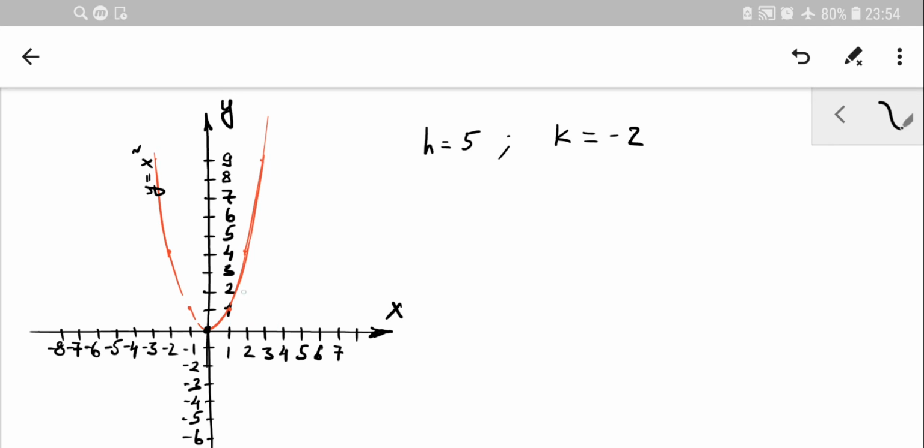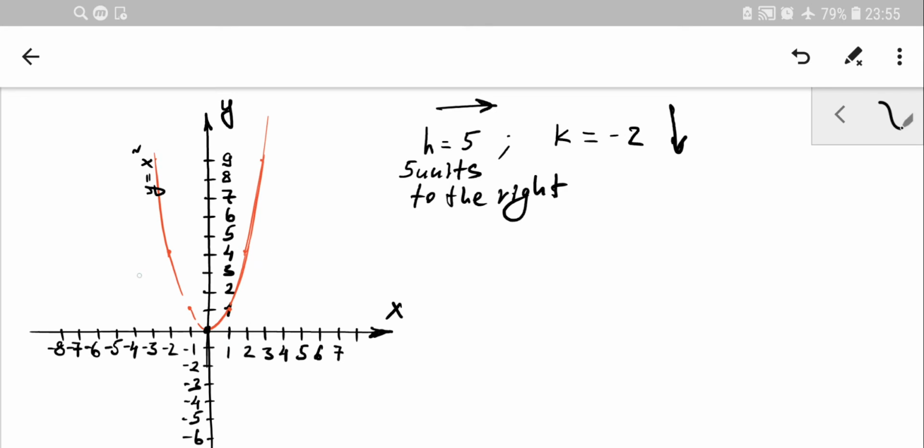We have h equals 5, so 5 units to the right, because we need to mention where exactly. Okay, so 5 units to the right, and k is self-explanatory, so -2 means it goes down. Okay, so we just keep track of the vertex. Let's see what will happen with that.